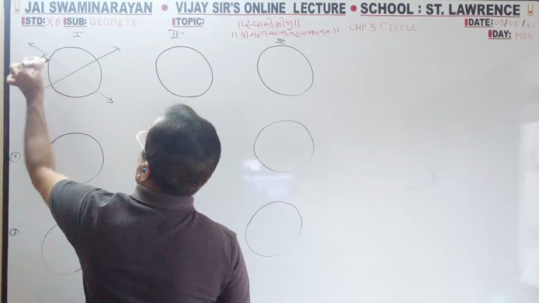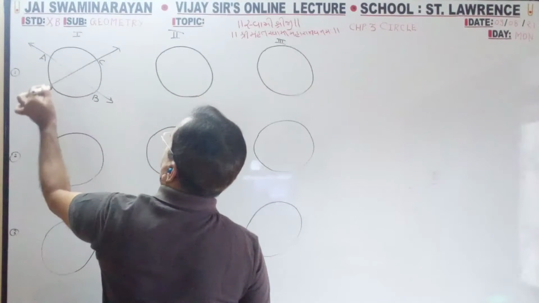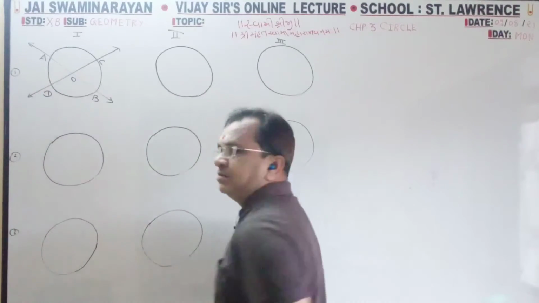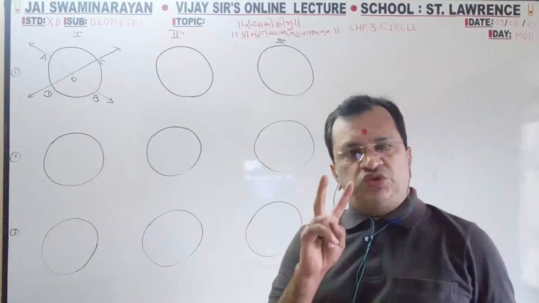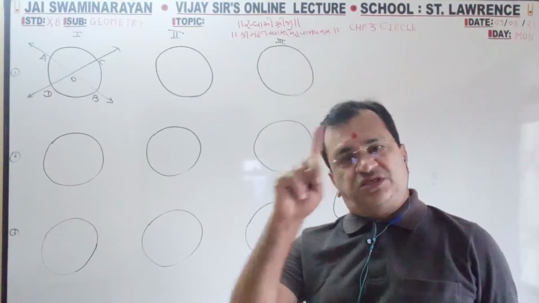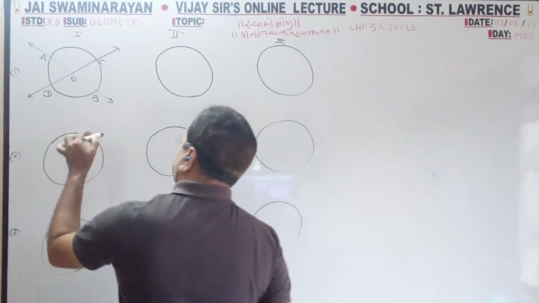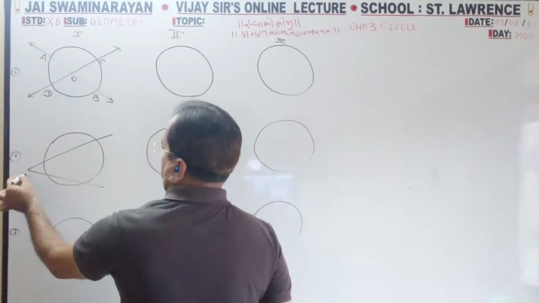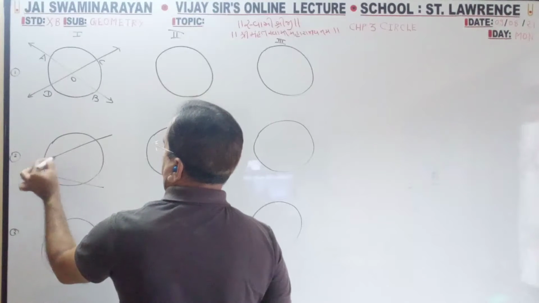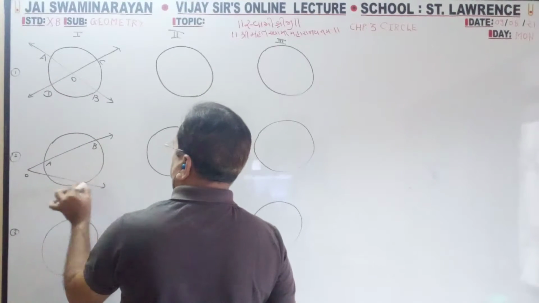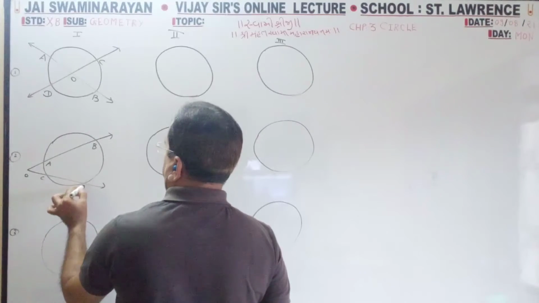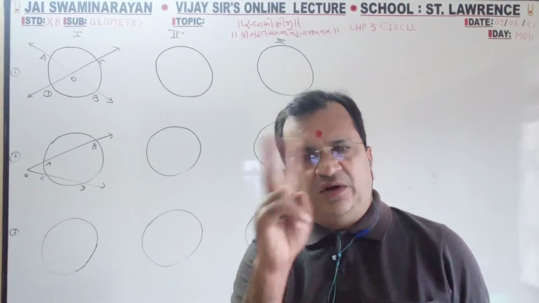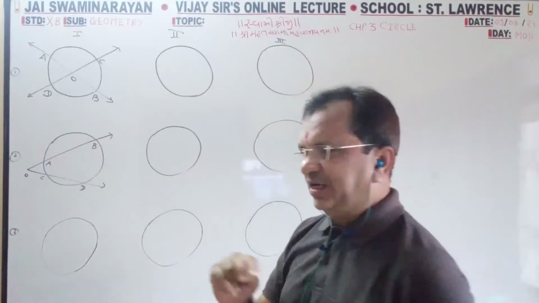So AB and CD bisect each other at O. Two lines intersecting outside the circle. First inside the circle, then outside the circle. Again O, AB, CD. Two lines intersecting outside, two lines intersecting inside.